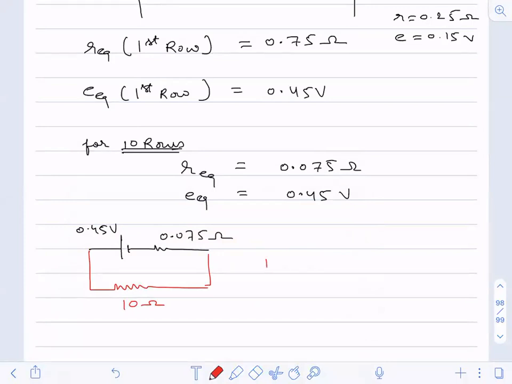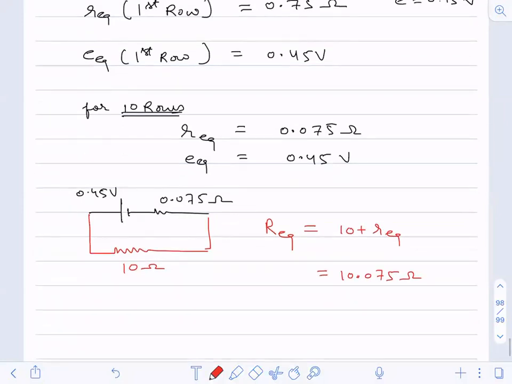Now tell me, what is the net R equivalent? Is it 10 plus R equivalent? It is connected in series. So it will be 10 plus 0.075, that is 10.075 ohms. What is the EMF? Equivalent EMF is still 0.45 volt.